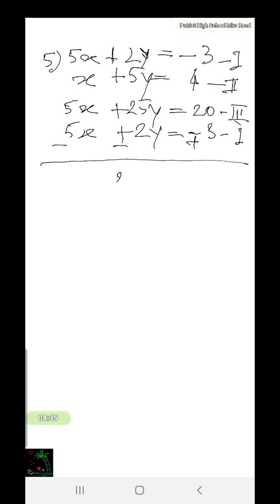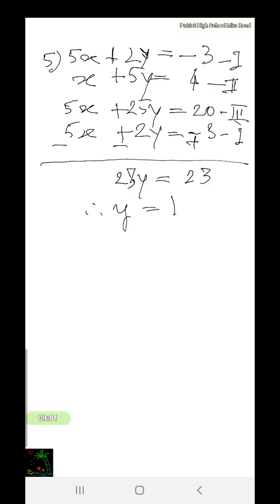So we have 23y is equal to 23, because 25 minus 2 will be 23. Therefore y is equal to 1.